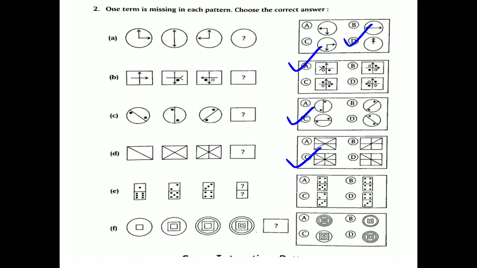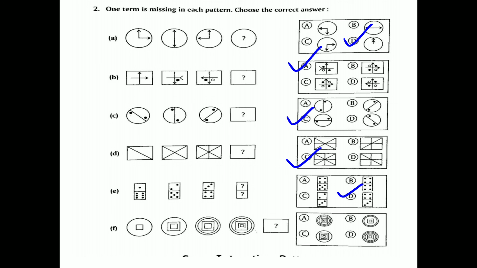Now E part. Up 1, then 2, then 3, then how many? 4. So which one is the answer? D. Now next one, circle is having 1 square, then circle having 2, then 2 circles and 2 rectangles.